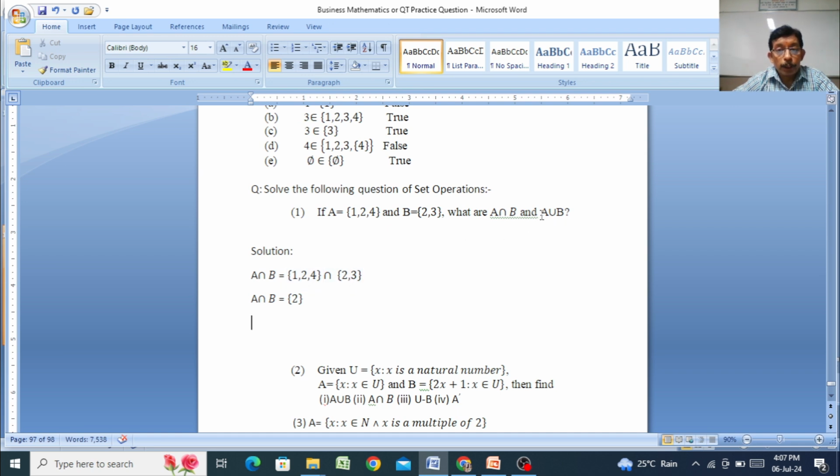Now we find A union B. A union B is equal to set A, then the union symbol.